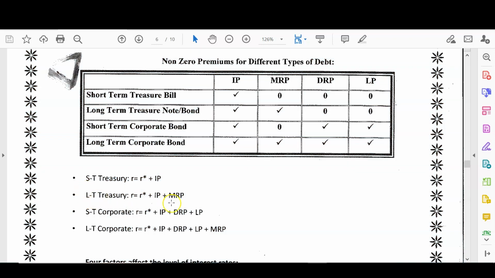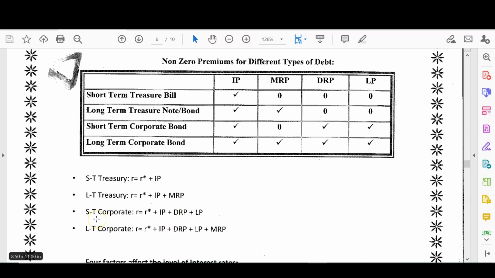For long-term treasury, however, we need to add one more premium, which is the maturity risk premium, because it's long-term. And because it's treasury, it doesn't have default risk premium or liquidity premium. For short-term corporate, because it is short-term, it doesn't have MRP, and because it is corporate, it has DRP and LP.